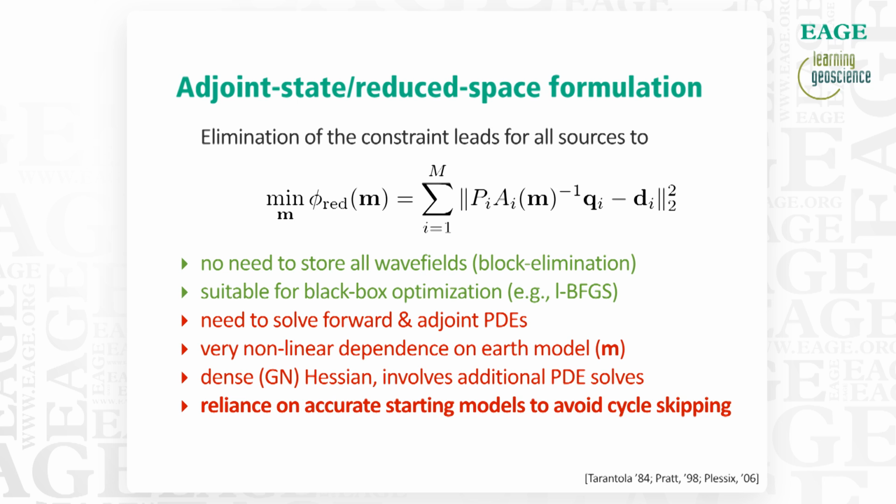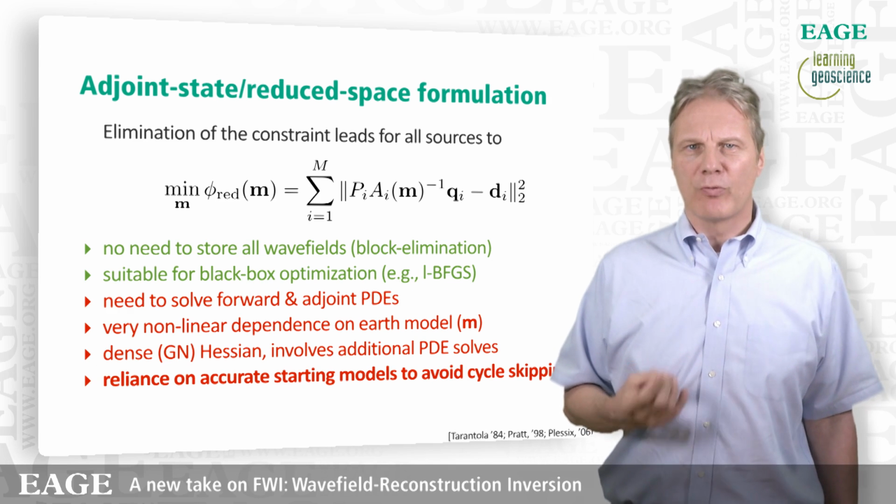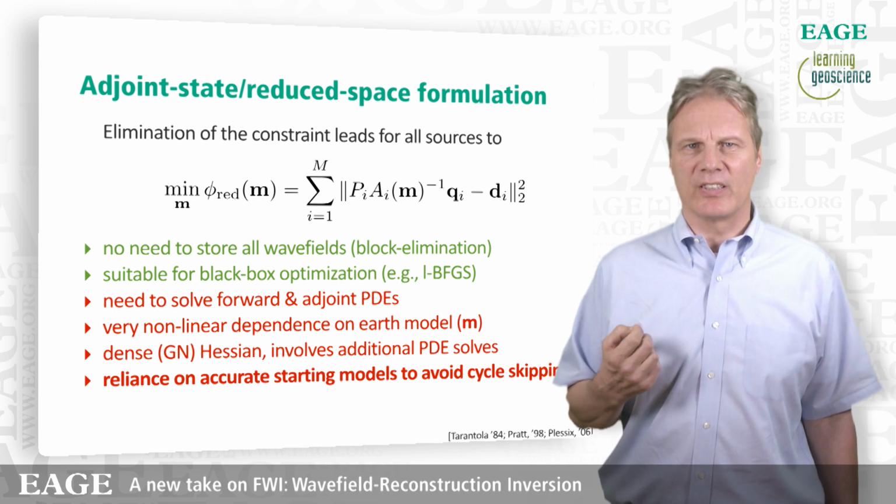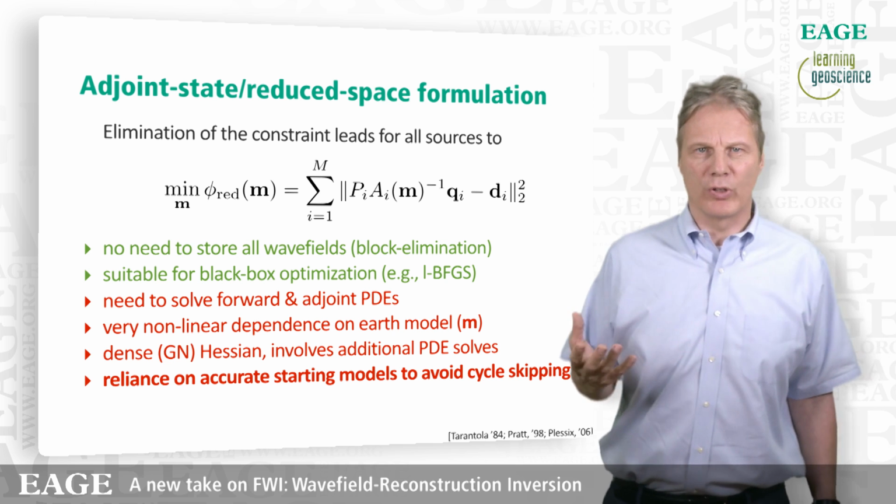Okay. Now, the adjoint state formulation that everybody uses tries to avoid that, and it does that by eliminating the constraints. And that leads to this formulation in the equation on this slide, where we have to explicitly solve the wave equation for each source at each iteration. Now, the great thing about that, you don't need to store wave fields.